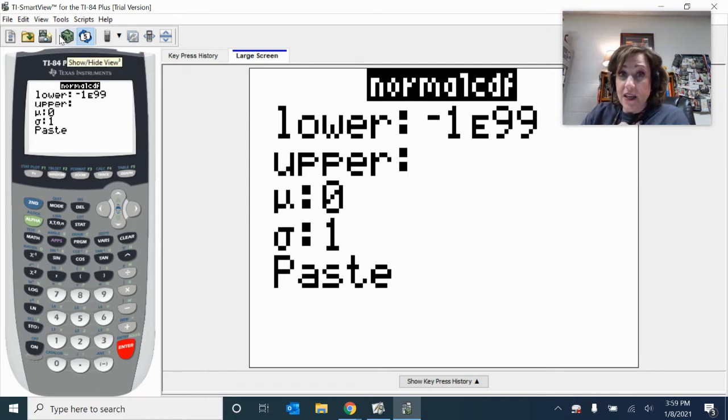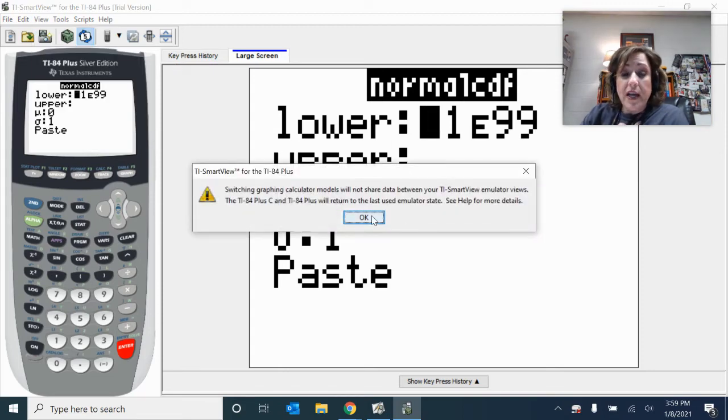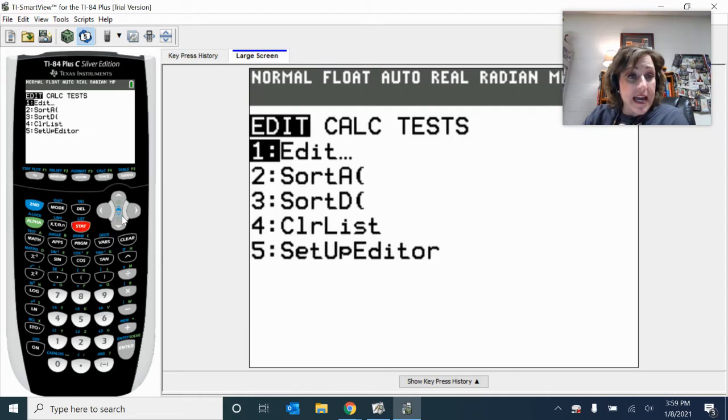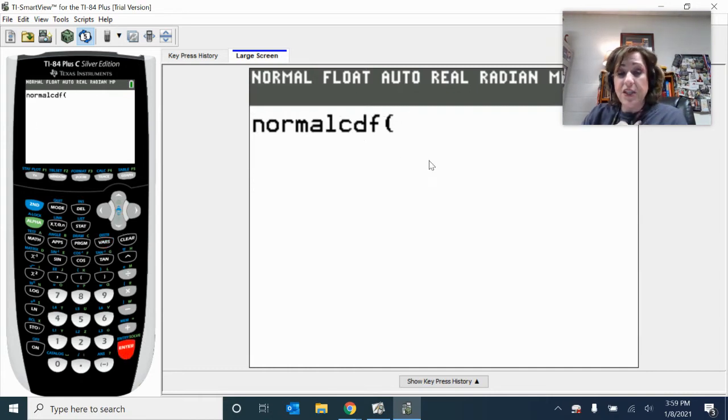Now, if you have one of the other calculators that doesn't have that menu, then you don't have to worry about it. If you just naturally have this situation, you're going to go second vars, the normal CDF, and then you've got this.